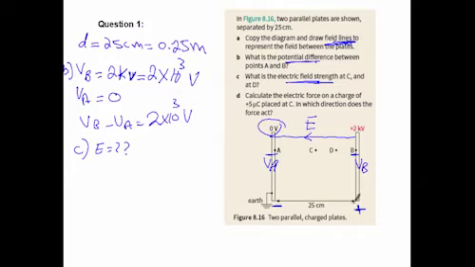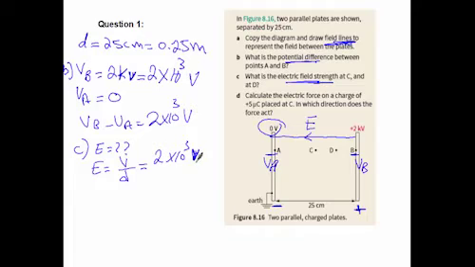Between points A and B, between these 2 points, we have the separation and we have the potential difference. We will apply E equal to V over D, and we have the potential difference between plate A and B, which is 2000, and this is in volts.